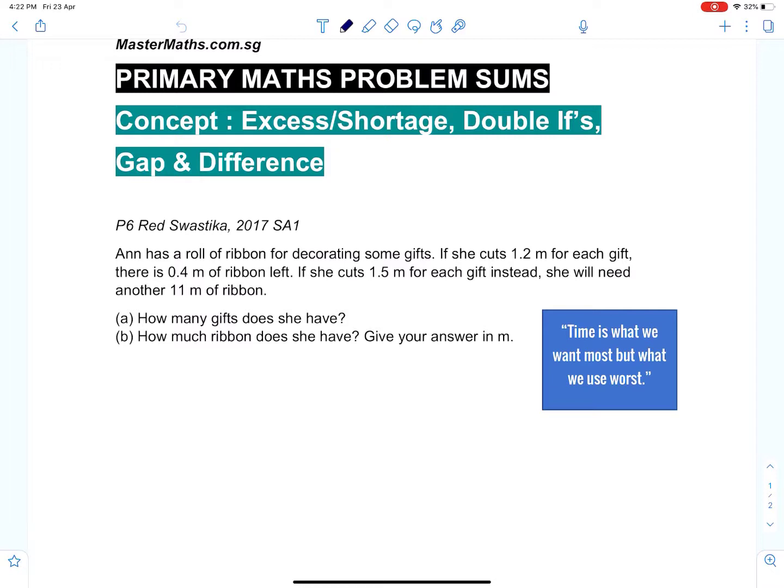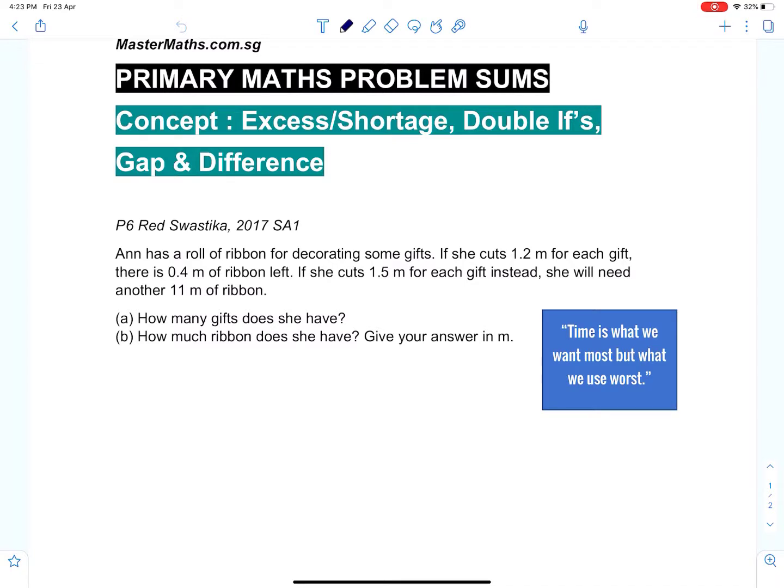That is negative usage of time. If you want to value your time, value your activities. Choose activities, choose tasks that are productive. That is how you can make full use of your time. So this is a very suitable quote for many students these days. Time is what we want most, but what we use worst.